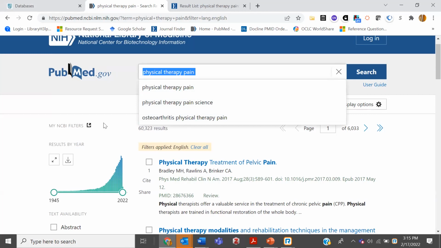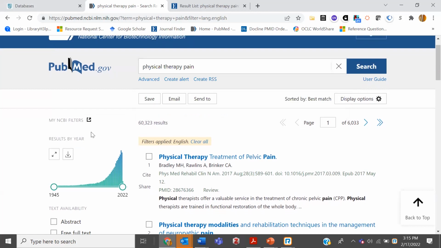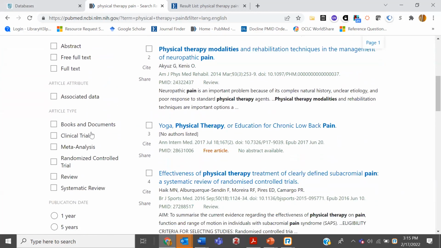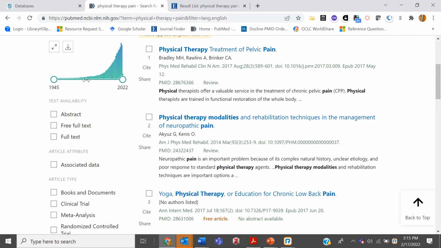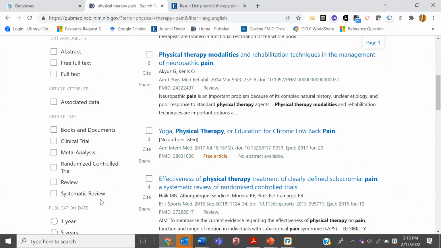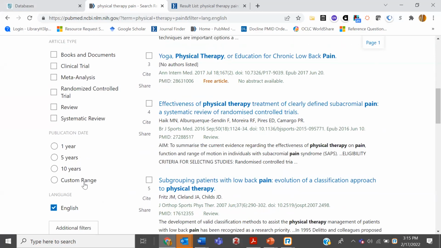Okay, compared to the 400,000 that I initially got using Search USA, because that's bringing in things across lots of different databases that may or may not be relevant to the particular biomedical clinical research that I'm interested in. Okay, again, you'll see here in PubMed limiters down the left-hand side that allow you to filter for the publication year, whether or not the full text is available, how recently it was published.